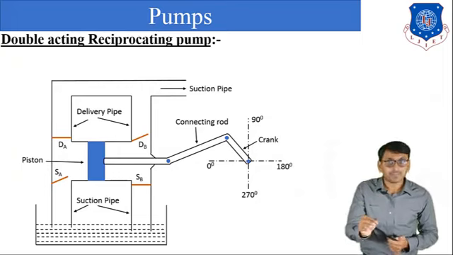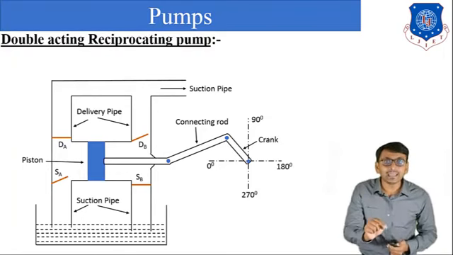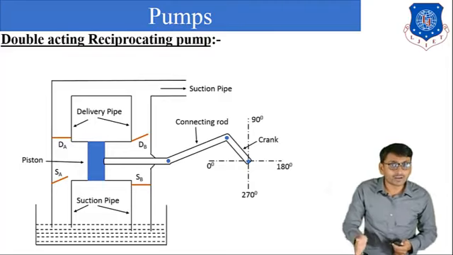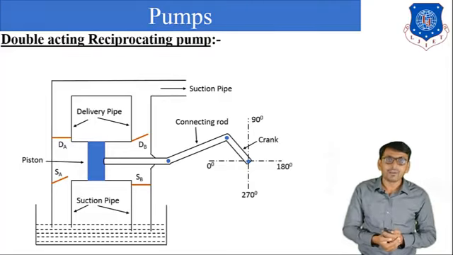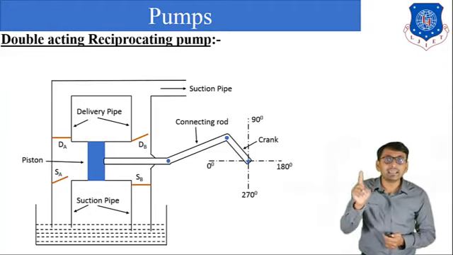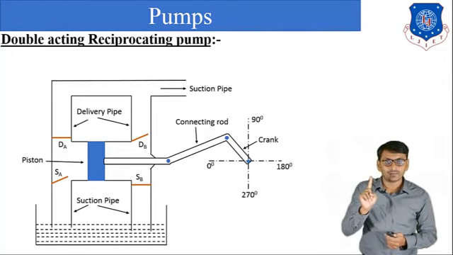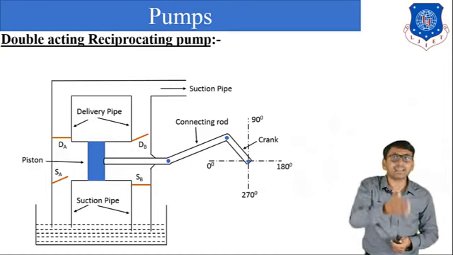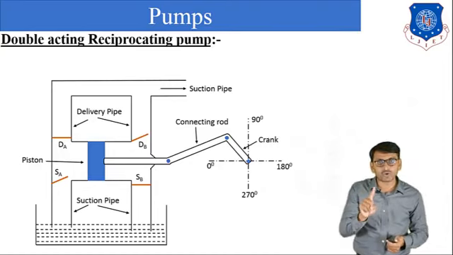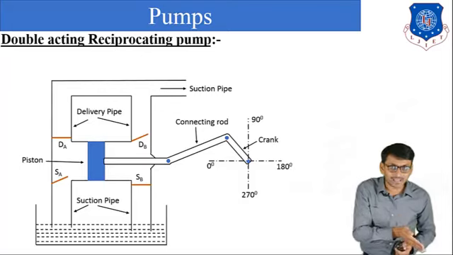At the same time, a pressure difference is produced at the right side of the piston, so the SB valve opens and water enters the cylinder from the suction pipe. So in the second stroke, DA valve and SB valve open: water discharges, water enters. In the first stroke, SA and DB; in the second stroke, DA and SB.